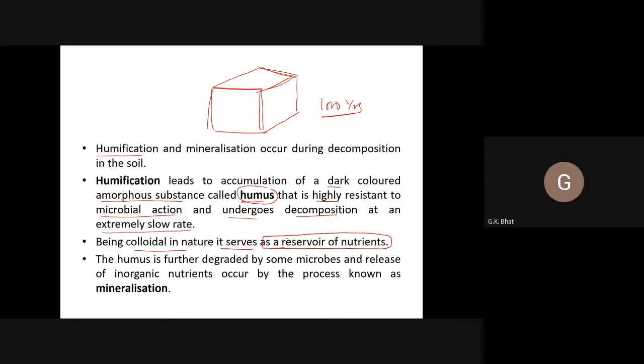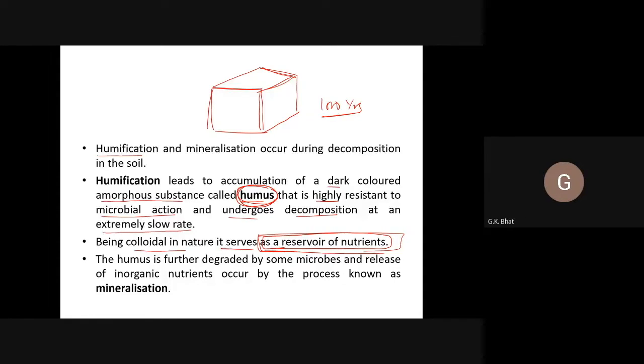Therefore, what do farmers at the village side do? They collect this humus from the forest and put it on their agricultural land. Am I right?